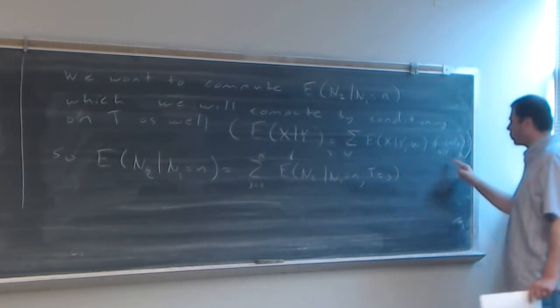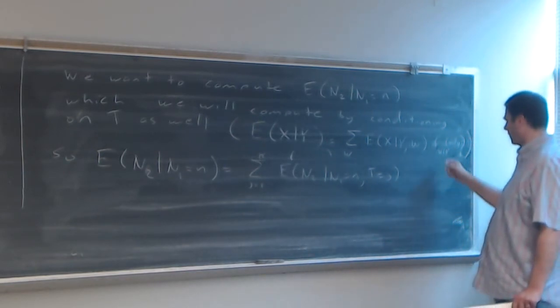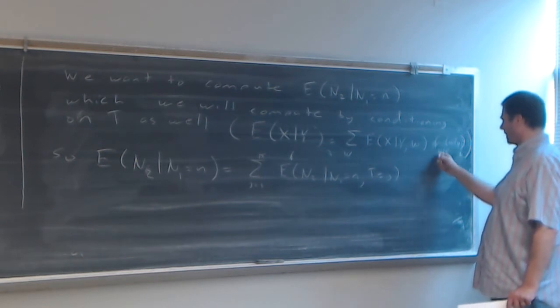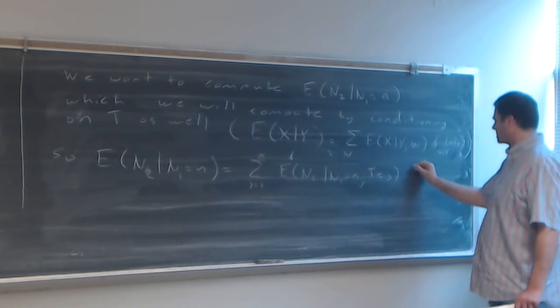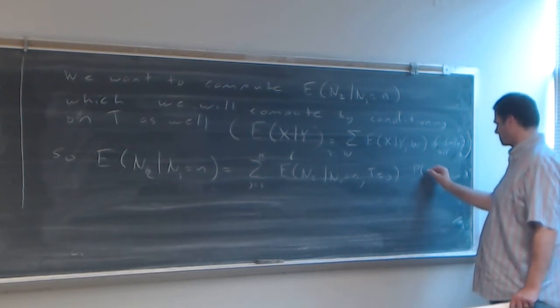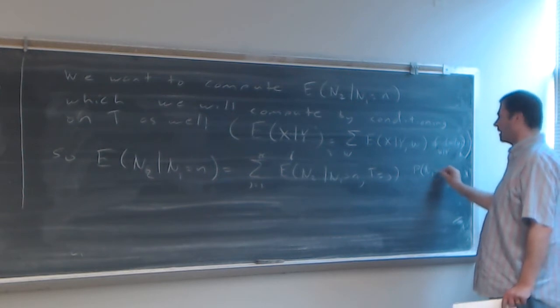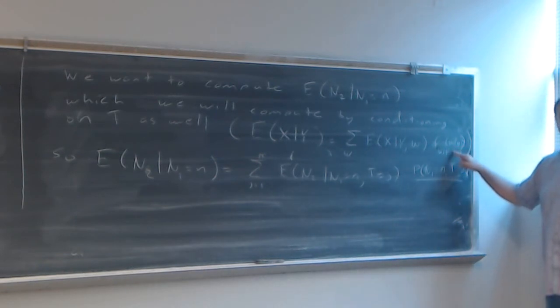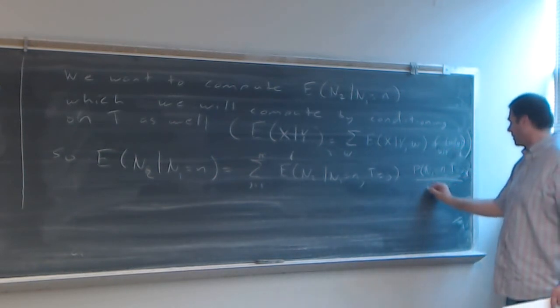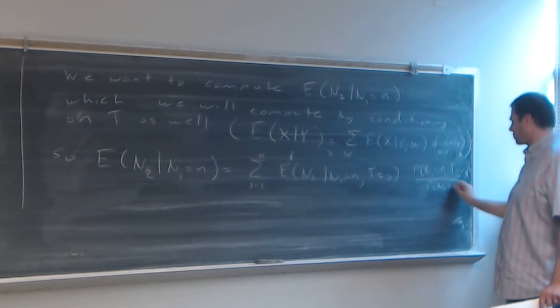And then this is the conditional PMF of T given N sub 1, so this is the probability of T equaling j and N sub 1 equaling n, divided by the probability that N sub 1 equals n.